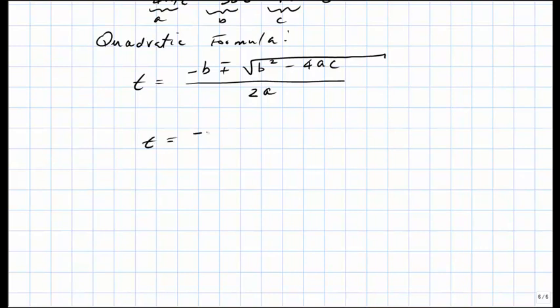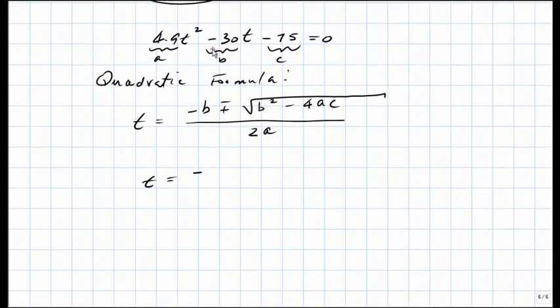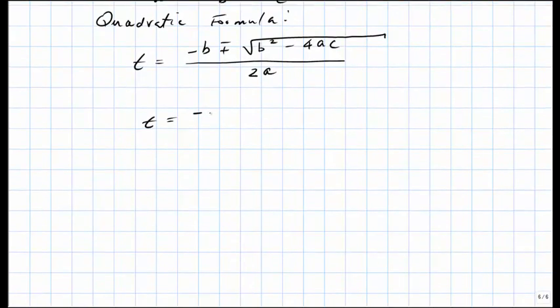So we have a negative 30. We have a double negative there. Plus or minus negative 30 in parentheses. When you square that negative 30 on your calculator, we have to introduce parentheses around it. Minus 4.